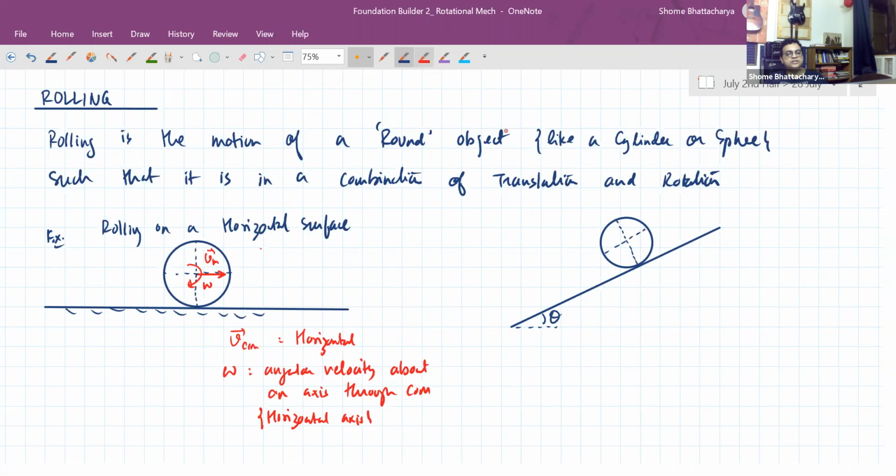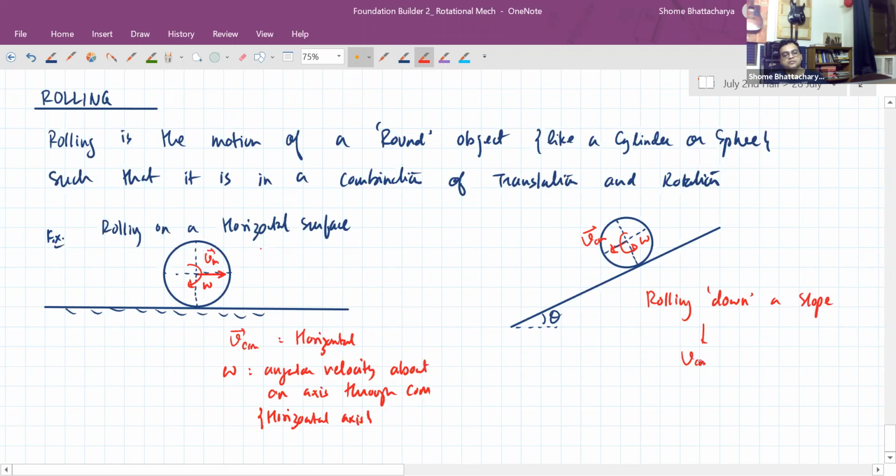So in this case, the VCM, if it is rolling down the inclined plane, will be in the direction down the inclined plane, but parallel to the inclined plane itself. So you can see that VCM is parallel to the inclined plane.